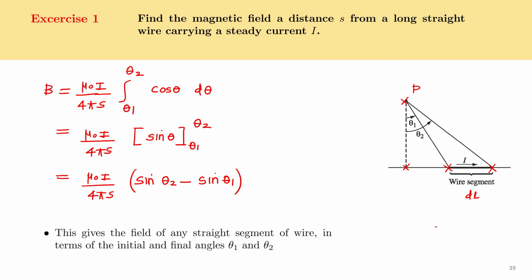This gives us the field of any straight segment of wire in terms of the initial and final angles theta 1 and theta 2.